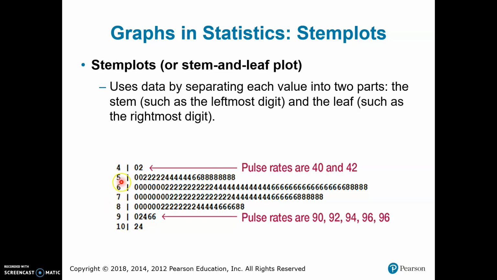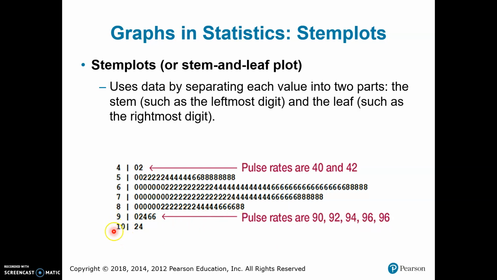So you can see that I have 40, right? So this is how you read them: 40, 42. You see, and 50s, 50, 52. 9, so 90, 92, you see, 94, 96.